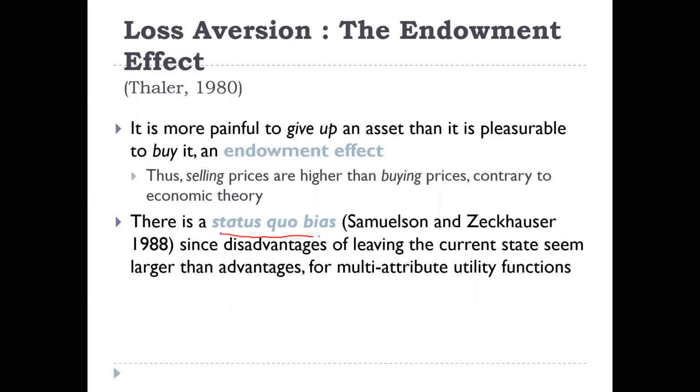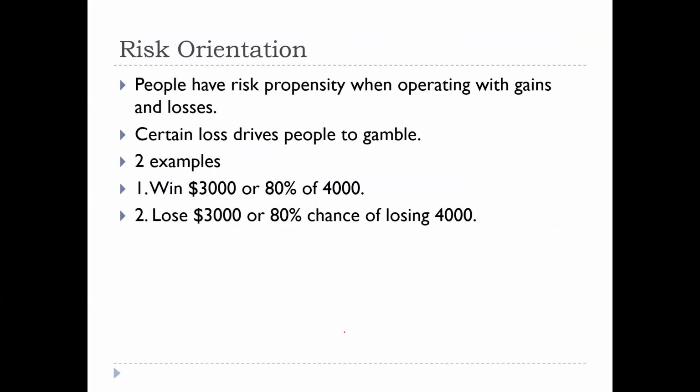This is also summarized by the status quo bias, where we generally want things to stay the same. Even though I could trade my pen for a mug, and I initially preferred the mug, I don't necessarily want to upset the status quo.